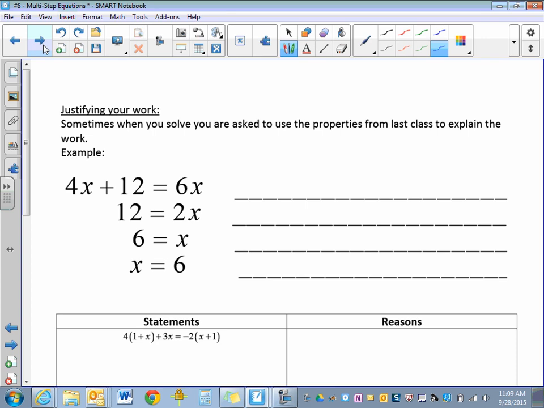All right, so when they start off, the first step is always just given. It's what they gave to us. Now here, we subtracted 4x from both sides. And so that's our subtraction property of equality. And then, again here, we divided by 2 on both sides.